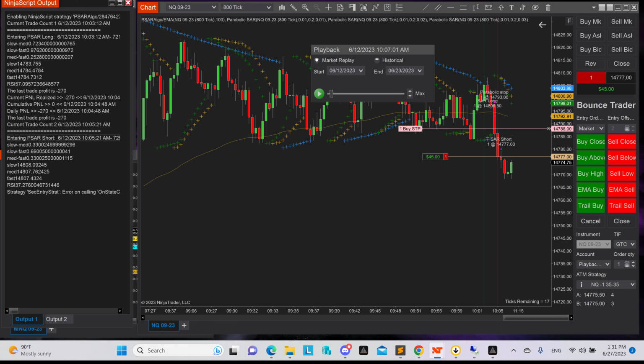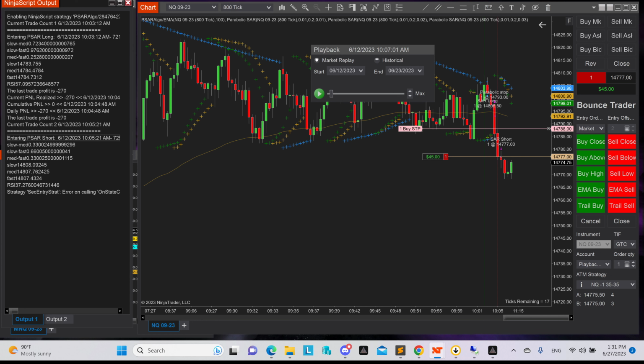If you look at it here, it entered this trade, the difference between slow and medium was 0.3, the difference between slow and fast was 0.6, and the difference between medium and fast SARs. The slow is a slow SAR, medium is a medium SAR, and fast is a fast SAR. It also plots the values where they are right now.